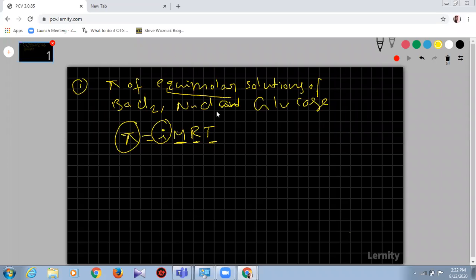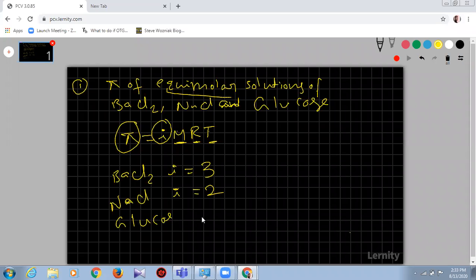Among these, for BaCl2, the i value is more. i is equal to 3, you will get 3 ions. What about NaCl? What is the i value? 2 here. What about glucose?